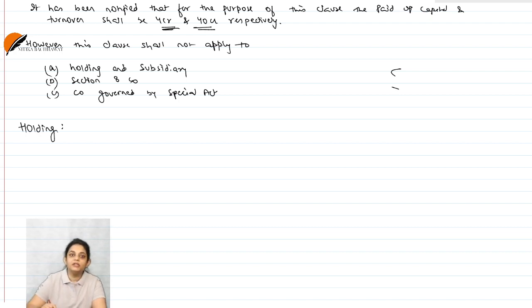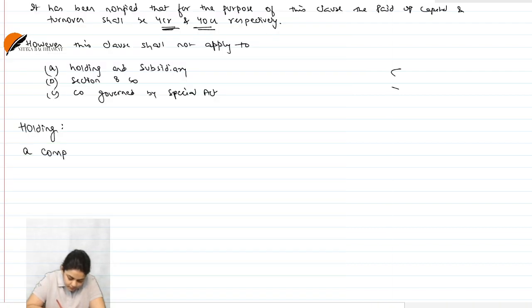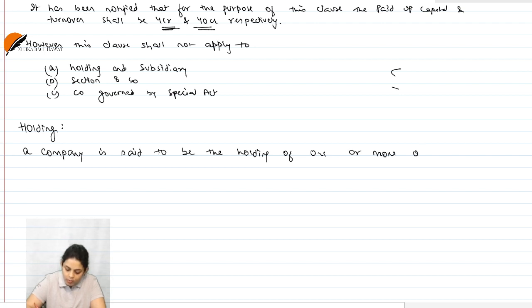How does the Act define the term holding? It says that a company is said to be the holding of one or more other companies if such one or more other companies is its subsidiary.